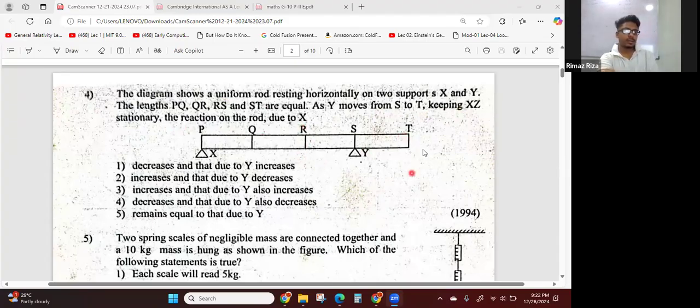Okay, so I think there is something else. The diagram shows a uniform rod resting horizontally on two supports X and Y. The length PQ, QR are equal.